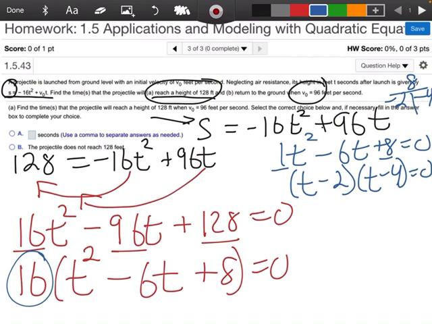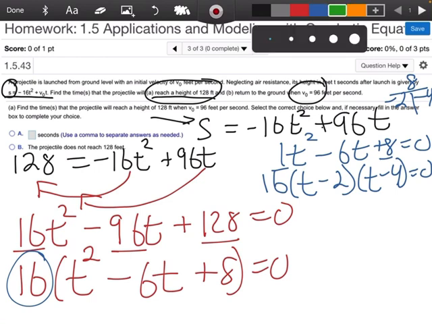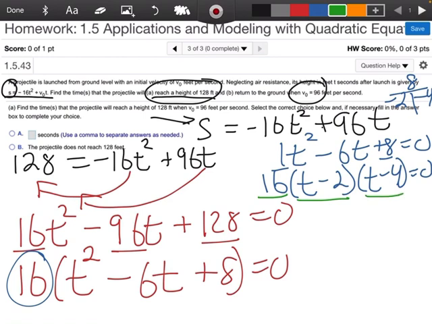Now, I told you I was going to put that 16 back in. So now, remember, there's something called the zero factor property. The zero factor property says if I'm multiplying numbers together, like 16, t minus 2, t minus 4, and that answer is 0, then one of those numbers will have to be 0. I can tell you right now what number isn't: 16 isn't, so I'm not going to worry about that.